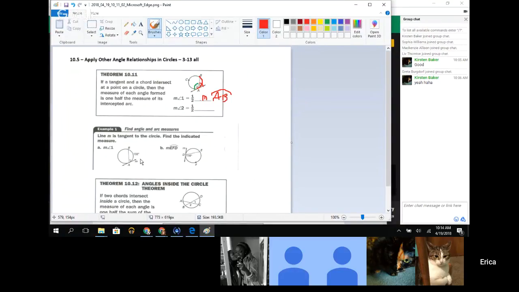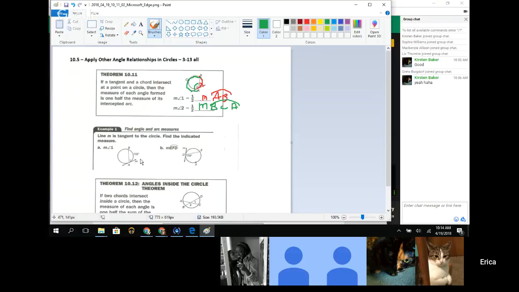Okay. What about angle 2? So angle 2 is in green. The measure of angle 2 is equal to 1/2 the measure of arc BCA. So it's this whole big arc here that goes all the way around.